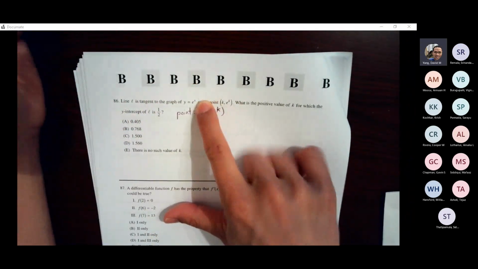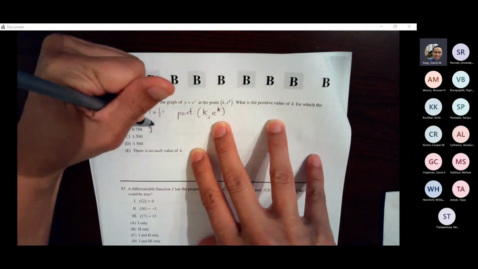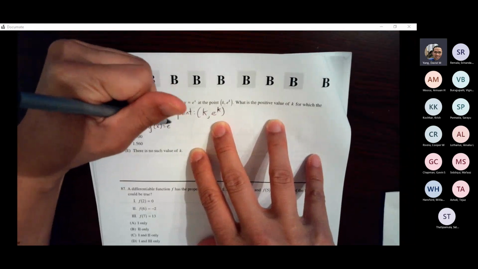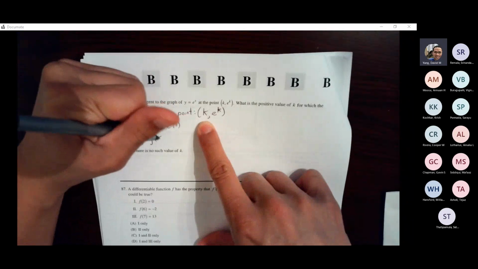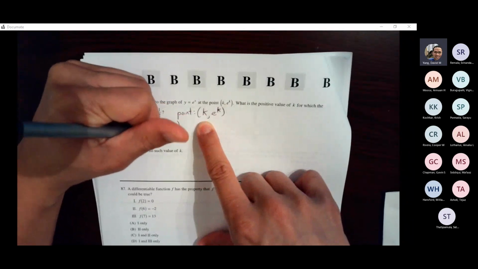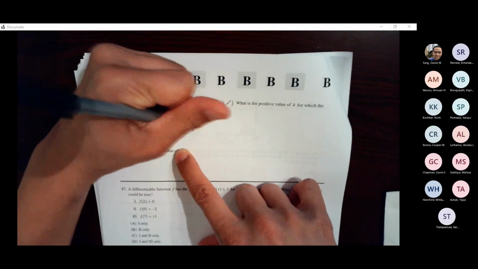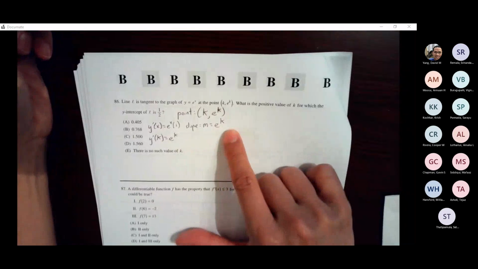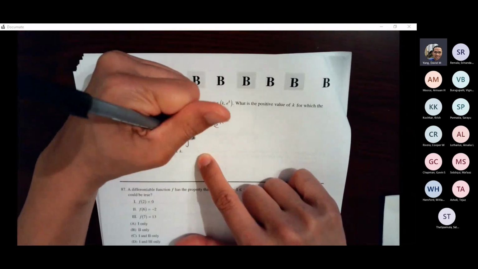And if I plug k in, let's go through that process. My derivative is e to the x times 1. So therefore, my y prime of k must be e to the k. We have our ordered pair, we have our slope. Let's build our point slope form.